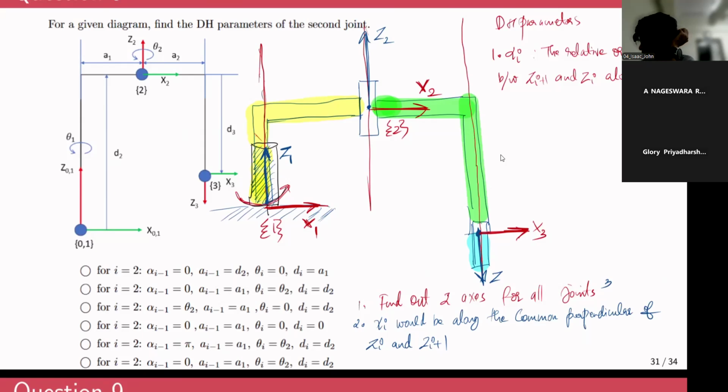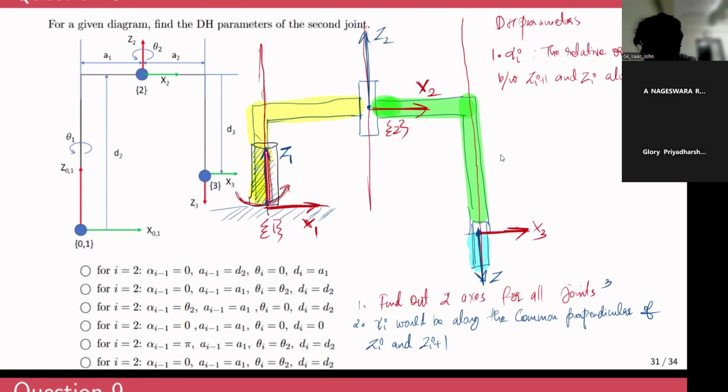So if you consider the second frame, what is the relative orientation between z2 and z1 along x1? Alpha i basically takes care of that relative orientation.